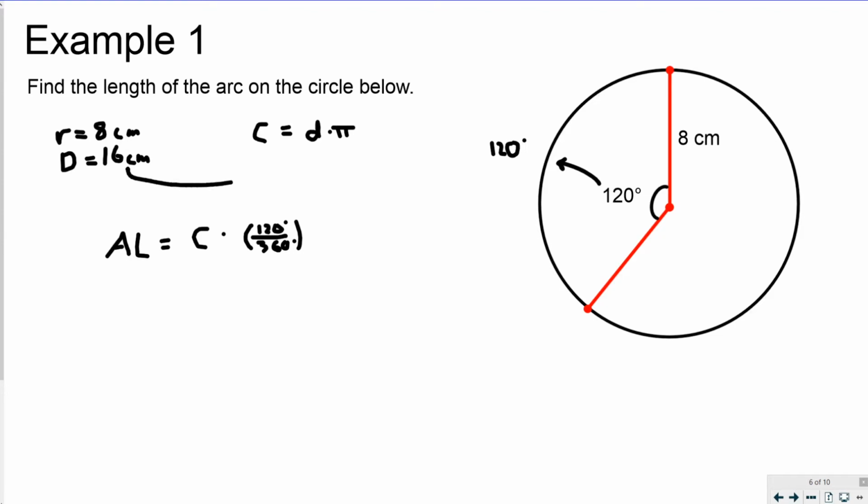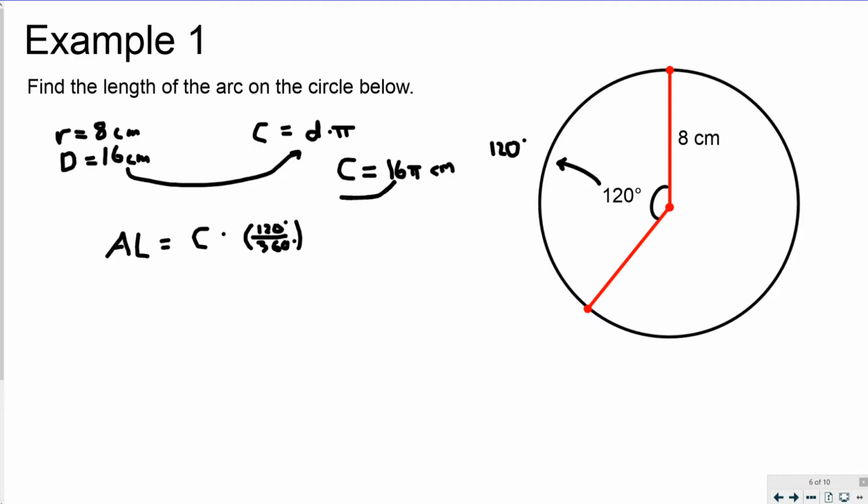I'm going to plug 16 centimeters into my circumference equation. So the circumference is equal to 16 pi centimeters. I'm going to keep it as the exact answer, because it becomes easier to calculate when I plug it into my equation.